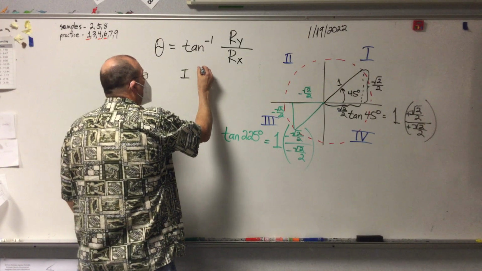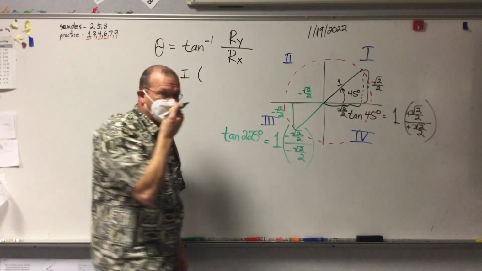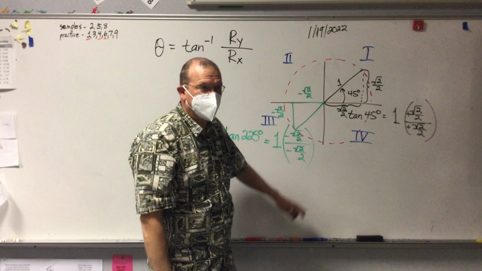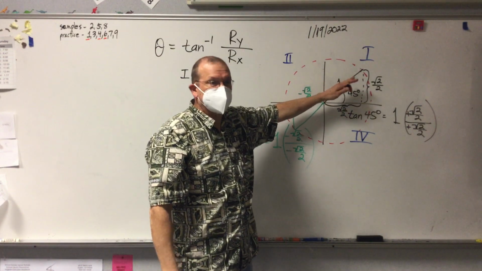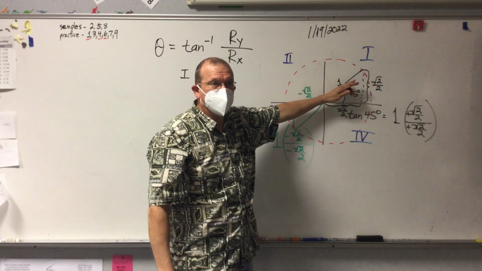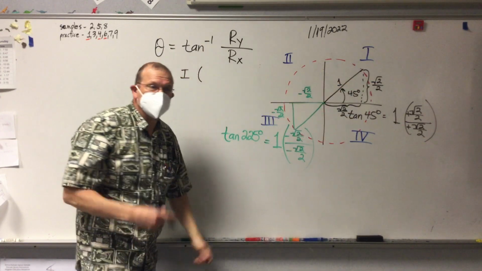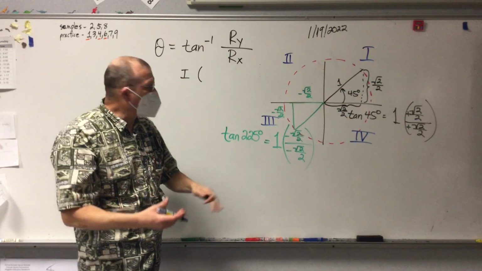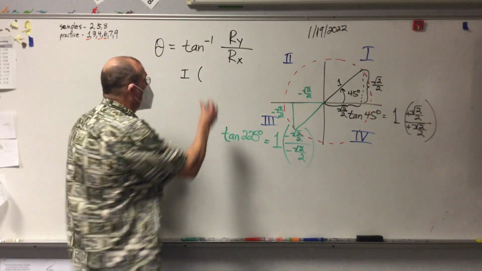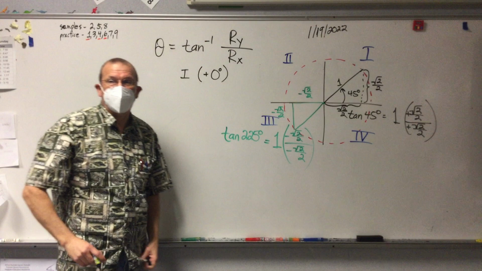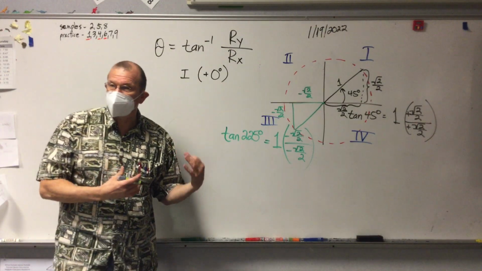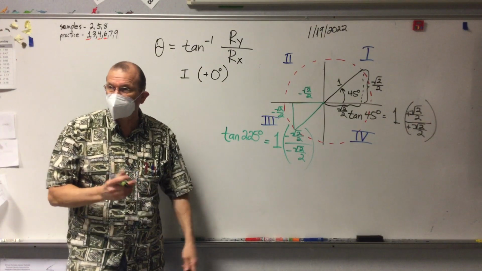If you are in quadrant 1, easiest of all of them, your calculator will give you the exact angle you need. That means once you do an arctangent, if you're in the first quadrant, you don't have to do anything to the angle that your calculator gives you back. That's your angle.